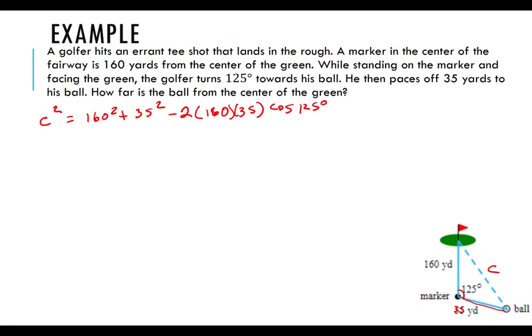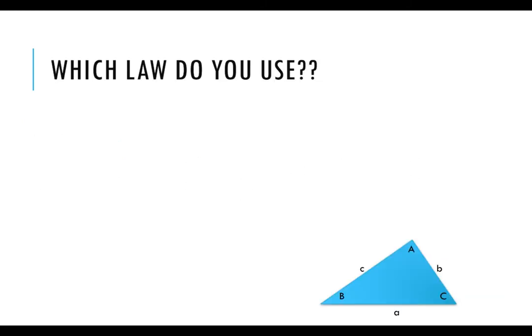And so once we do this calculation, take the square root, we have found our solution. If you so desire, you could take the square root right now and type all of this into your calculator, and we could just get our approximation all at once. And I get that this is approximately 182.34 yards.